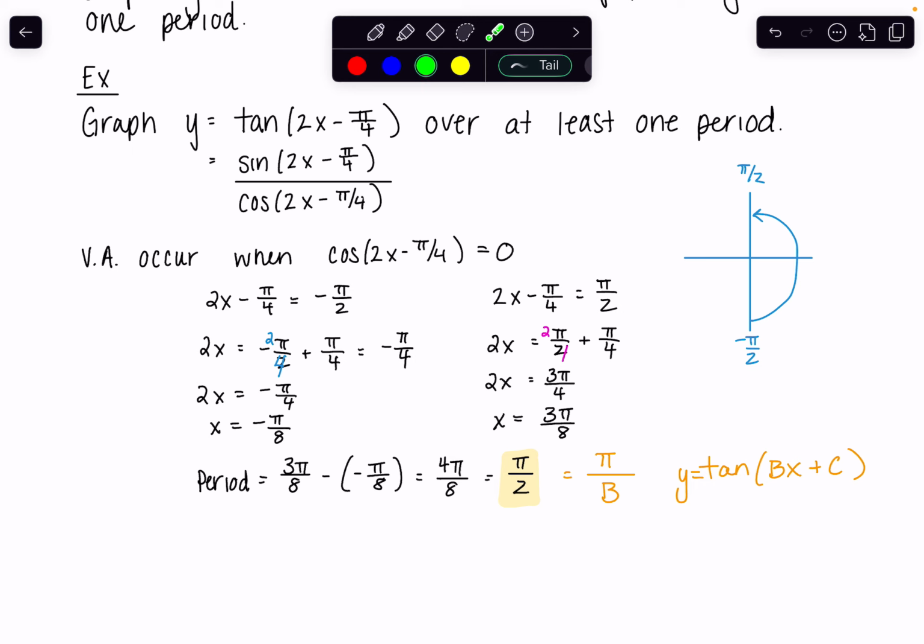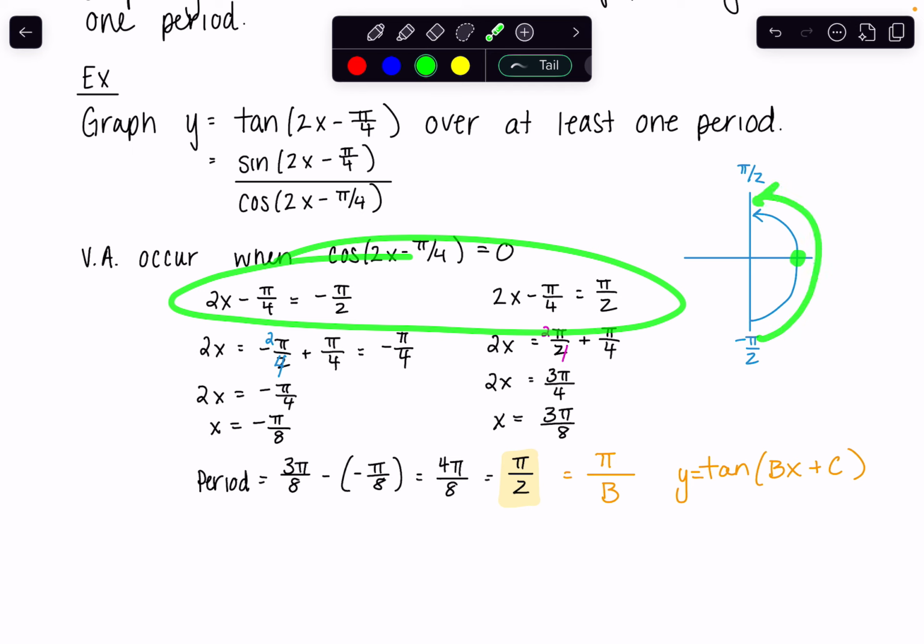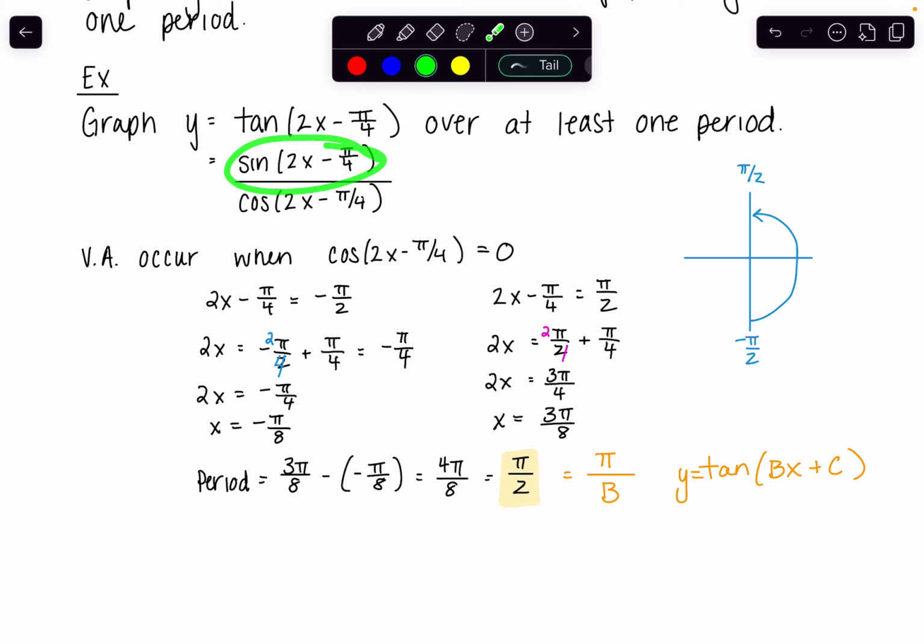Now I also want to figure out what my intercept is between those, and that's the reason I picked this specific one. Your intercept is going to occur at 0. That's the angle between these where the sine function is equal to 0.